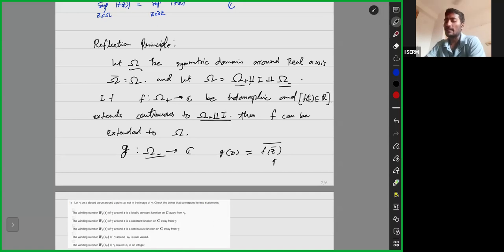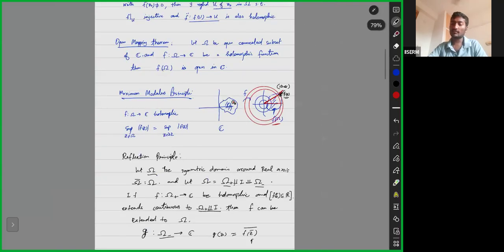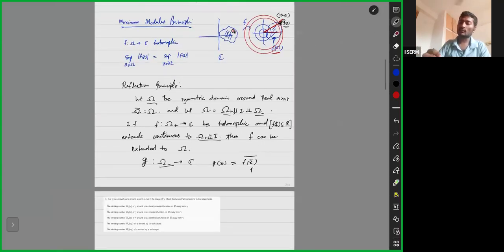So if f of any real number is a real number, then we can extend this function in such a way that the whole function becomes holomorphic. Extend to whole omega, and the extension map is holomorphic.